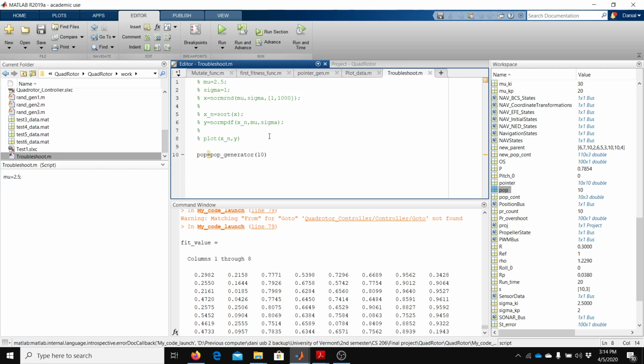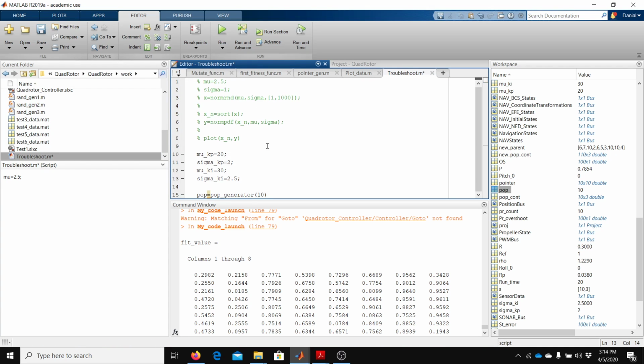Okay, let's just provide these values to control R over here, and let's generate values using mu underscore kp and sigma underscore kp.